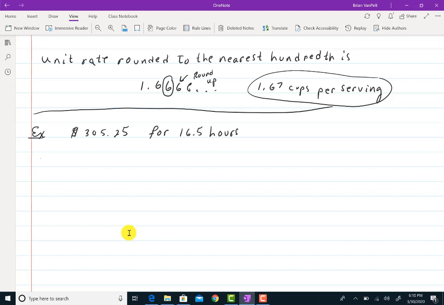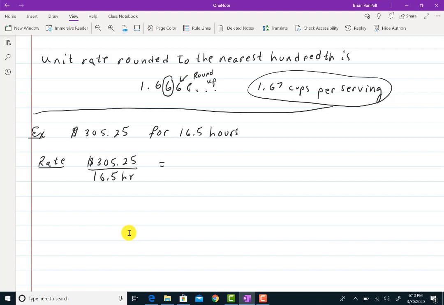Then if we look at the rate, we get 305.25 divided by 16.5 hours. Now if you're asked to give just a rate, that is the answer. However, if you want to give it as a simplified fraction, this is what you have to do.